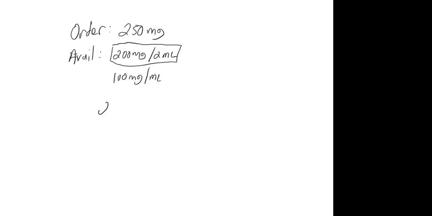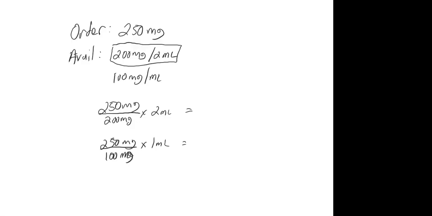So I'm going to take my 250 milligrams over 200 milligrams times the 2 ml. That's one way to solve this problem. Or you can do 250 milligrams over 100 milligrams, times the 1 ml. Either way, you're going to get the exact same answer.